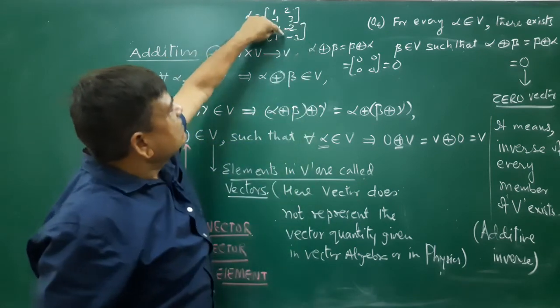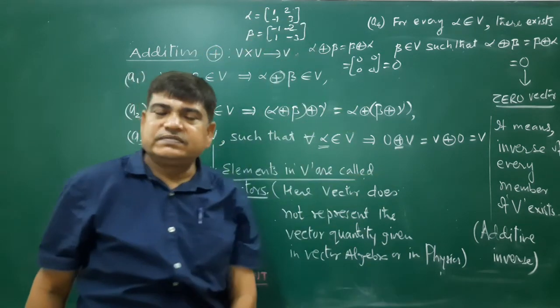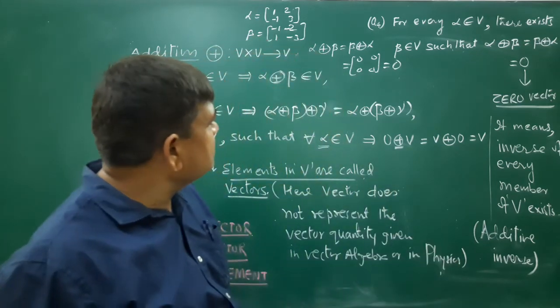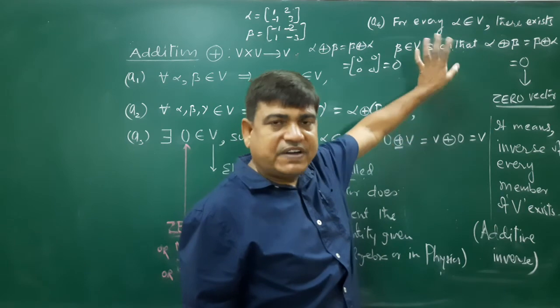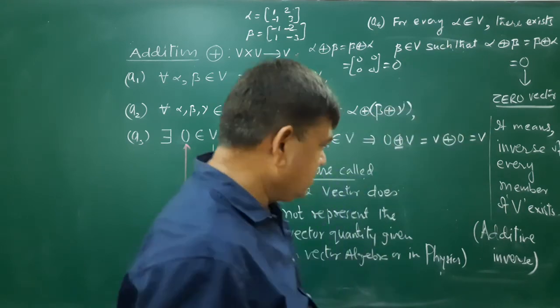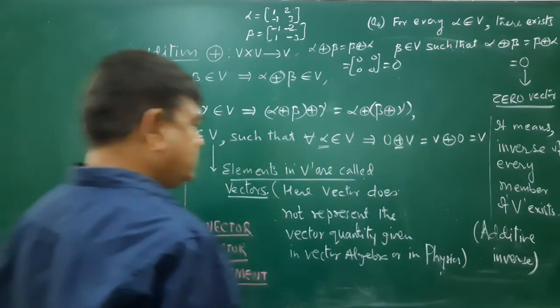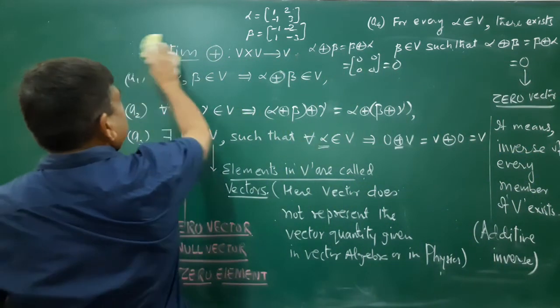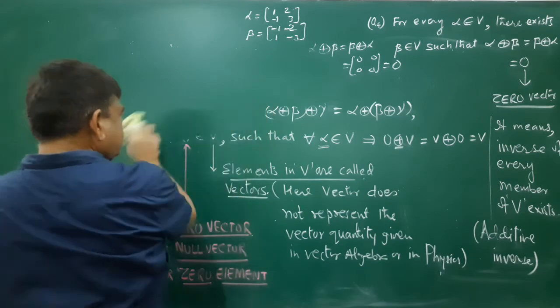Then you will find the null matrix. And it holds for every matrix. So the inverse exists. This is the fourth one.